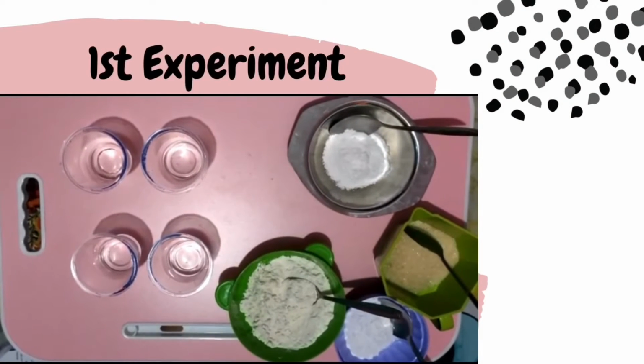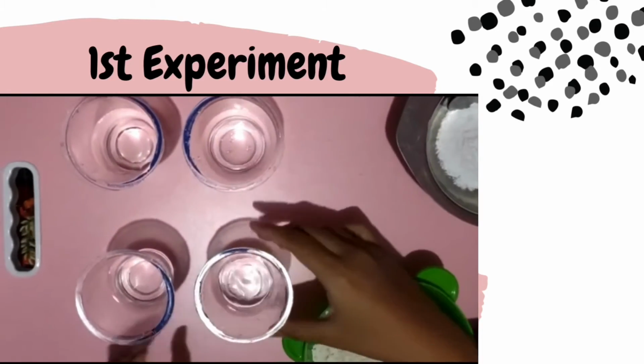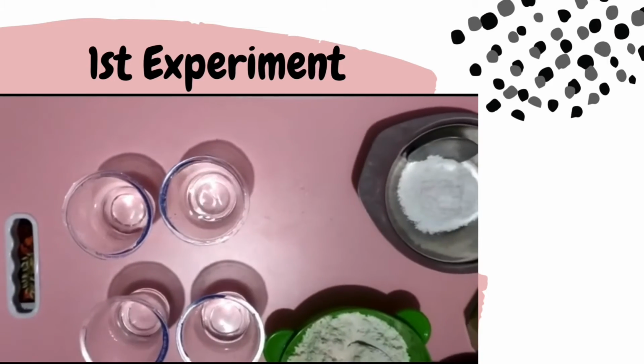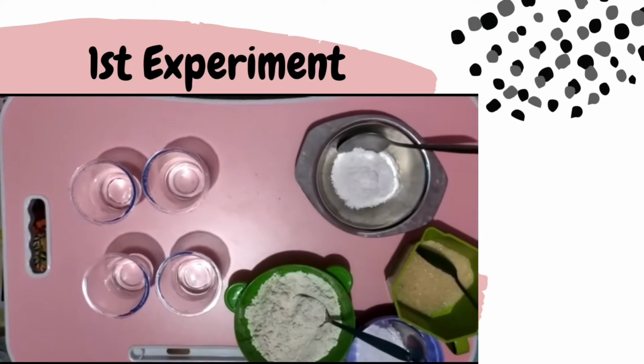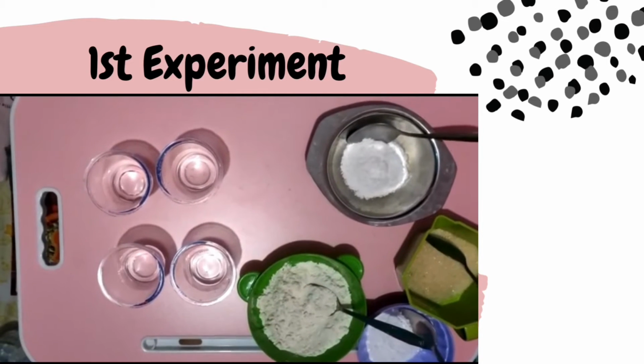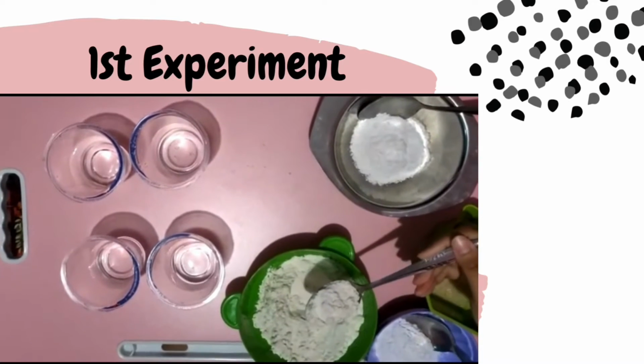For the first one, we can prepare a glass. We can pour in half a glass of water and add the material into the glass.